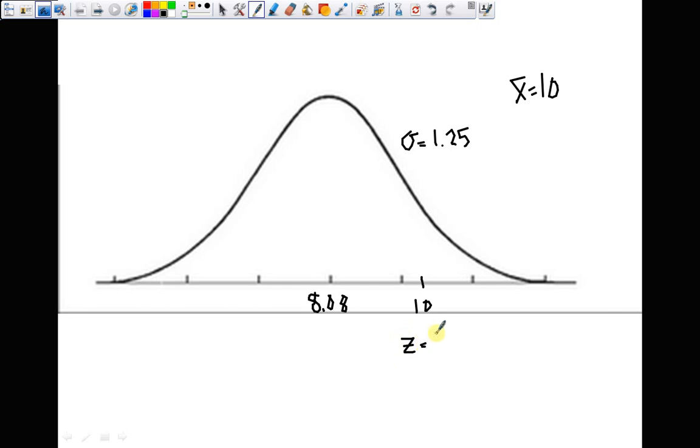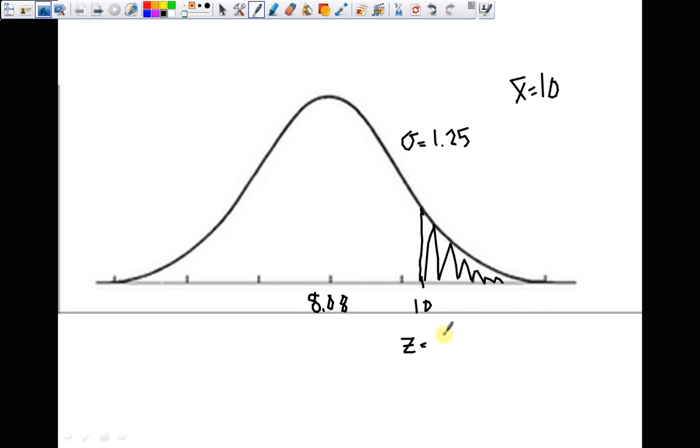What we're trying to do is get evidence that the mean is greater than 8.08. So we say, okay, well, let's assume it was 8.08. How likely would it be, by chance, to get a random sample of 25 NFL players and get a body fat percentage of 10 or higher? Because 10 or higher would give us evidence that it's not 8.08.